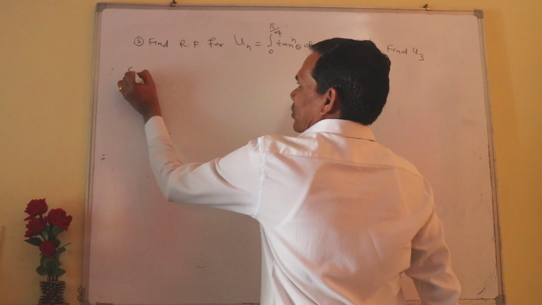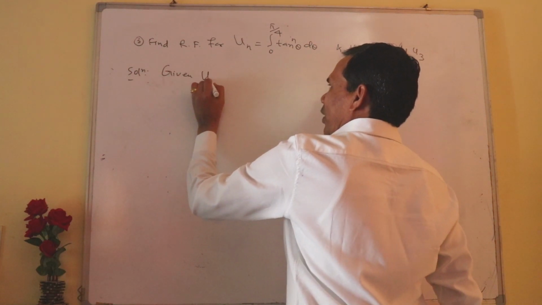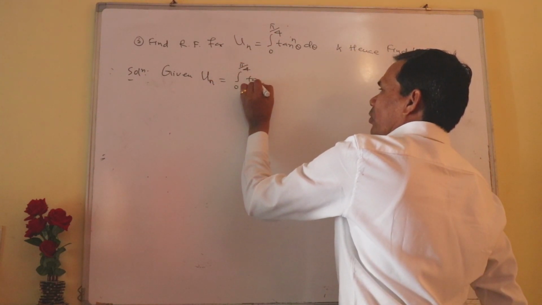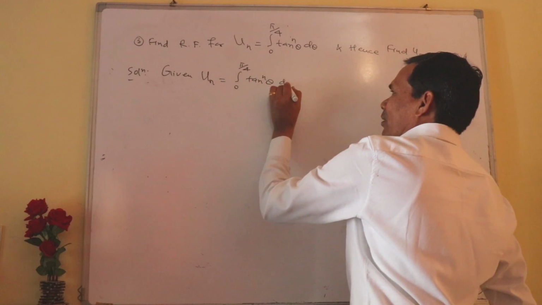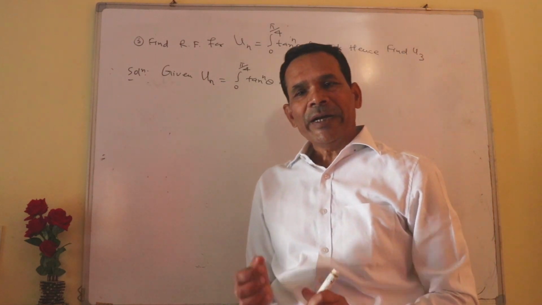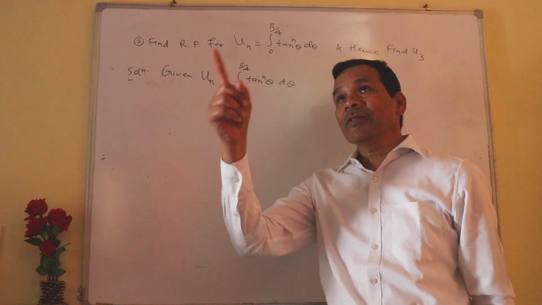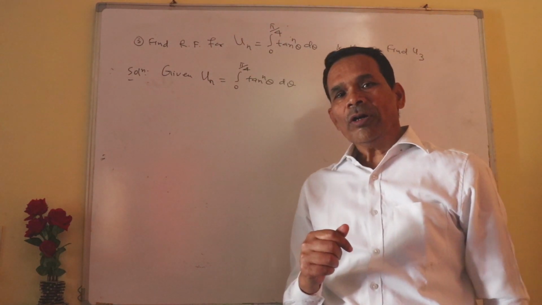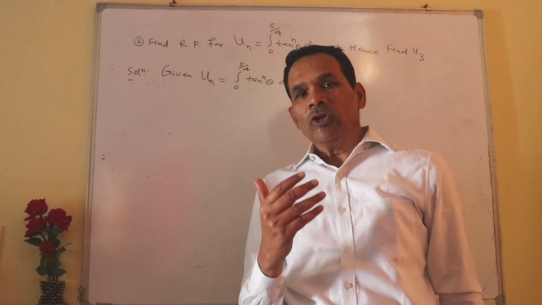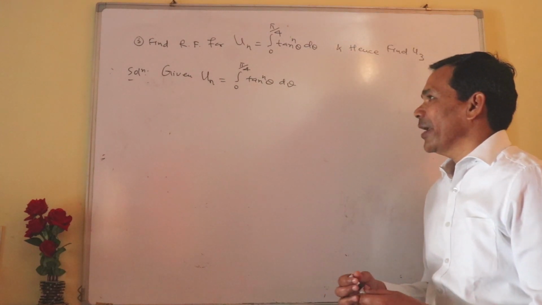So solution for this, it is given un is equal to 0 to pi by 4 tan raised to n theta d theta. Now one thing you have to remember here, that while reducing the index, if tan, cot, cosec, sec is there, then index to be reduced by 2, and if it is sine, cos is there, then index to be reduced by 1.